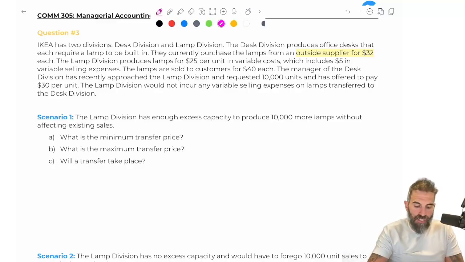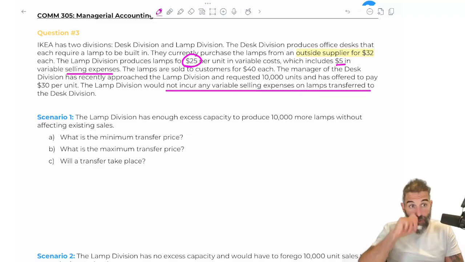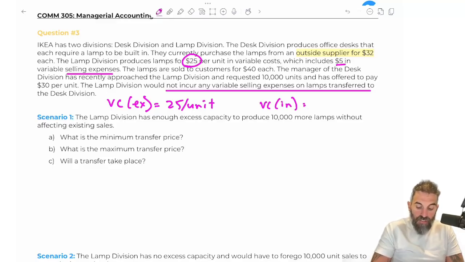Like here, for example, they said that the variable cost is $25, but it includes a $5 selling expense, which if you keep reading, they would not incur if they transfer it internally. So what does that mean? It means their variable cost on external sales, and I always like to establish this, is $25 per unit. But the variable cost on internal sales is $20 per unit because they wouldn't incur that $5 cost. It could be more, it could be less, it could be the same.